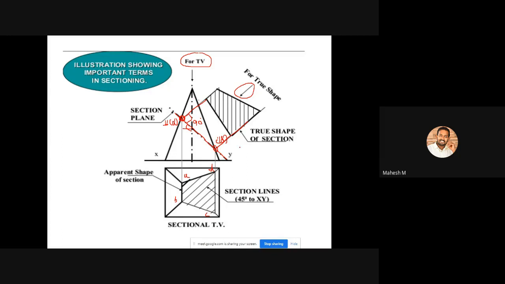So after doing that, you have to measure the distance of these 4 points from the reference line. So you have to measure the distance of A and B and C and also D. So measure the distance of this particular point A. This is the distance. Okay, after measuring this distance, you can create an arc from the imaginary line towards this vertical plane.